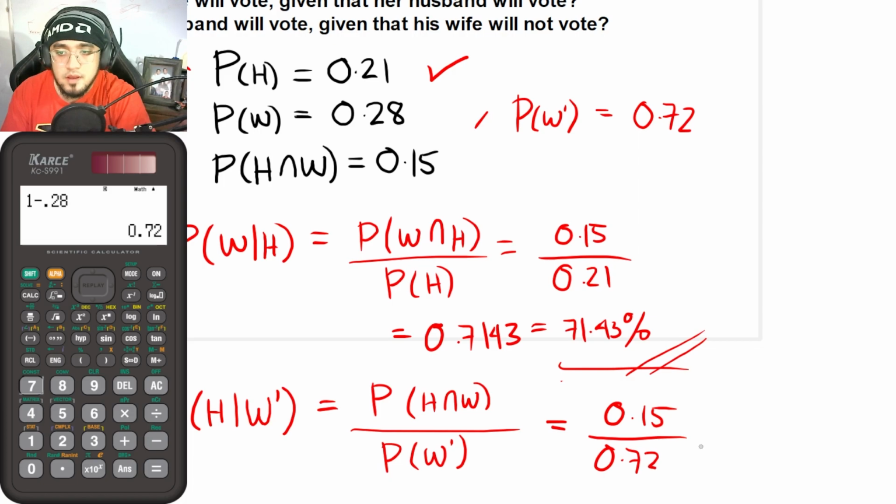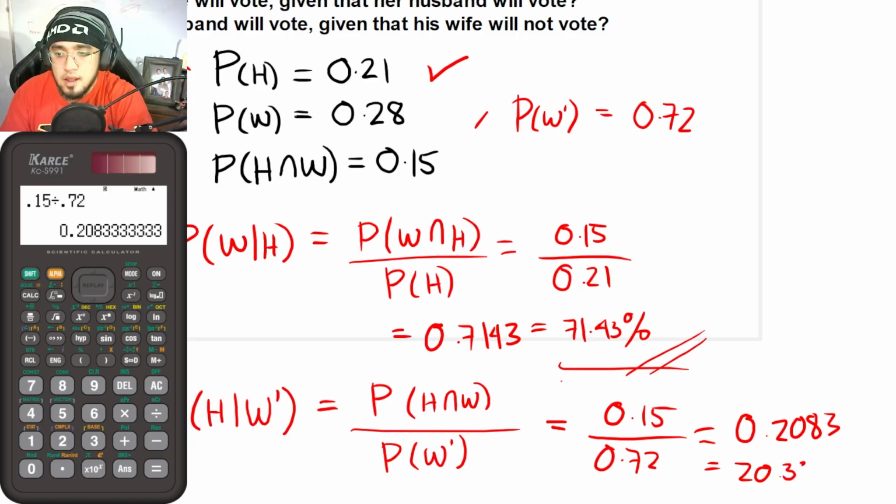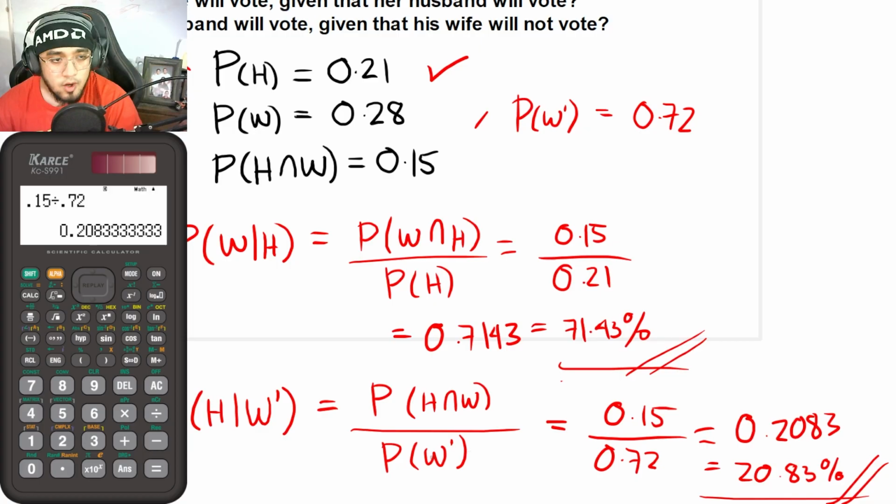So this is equal to 0.15 divided by 0.72. That is 0.208 or 20.83%. Okay, so that is now for our lecture.